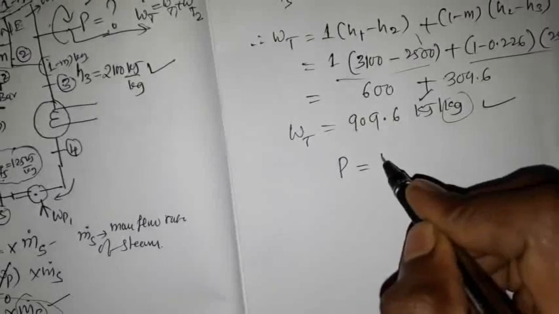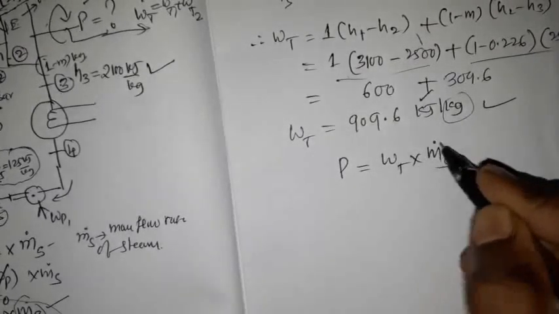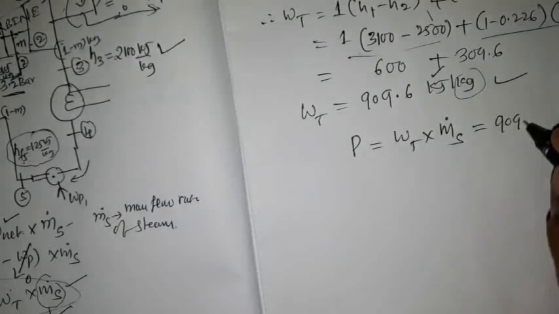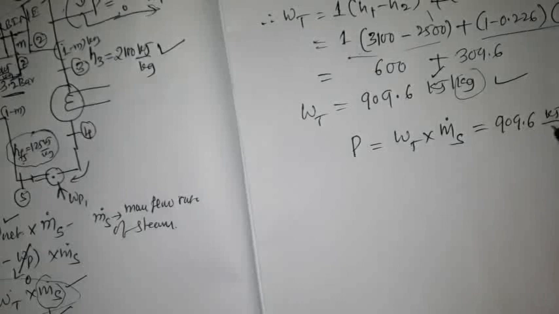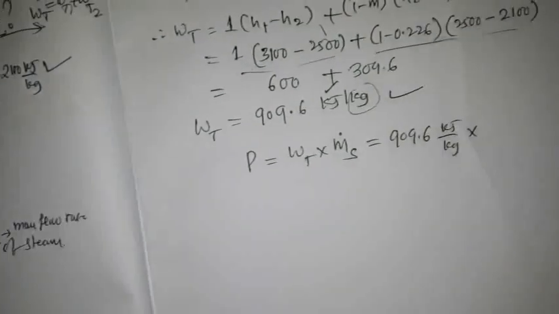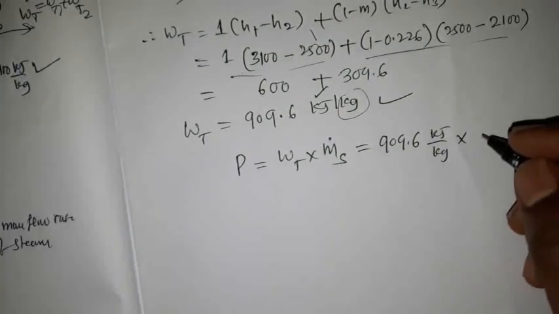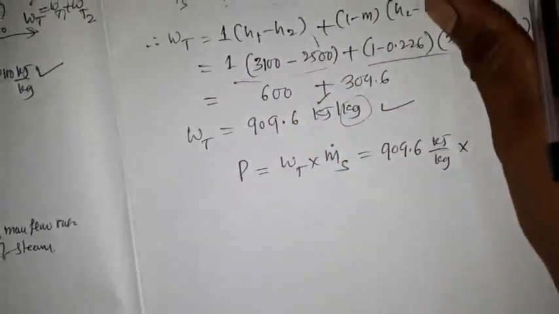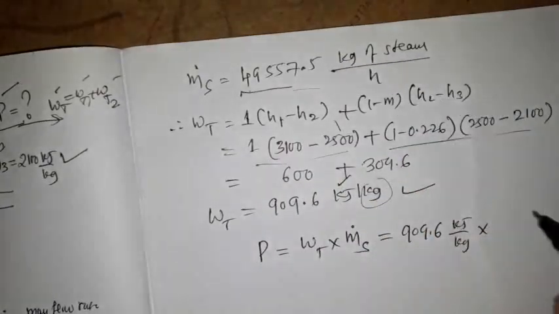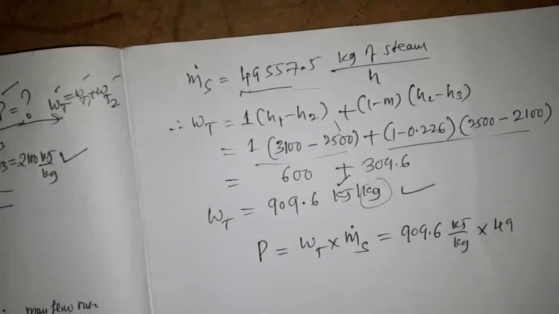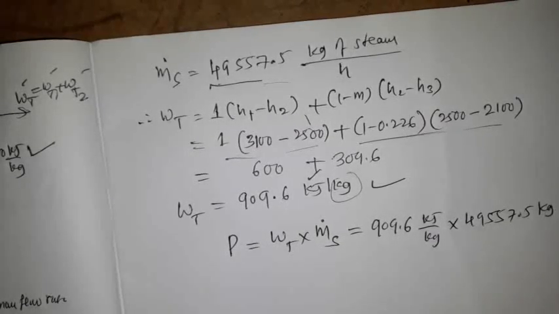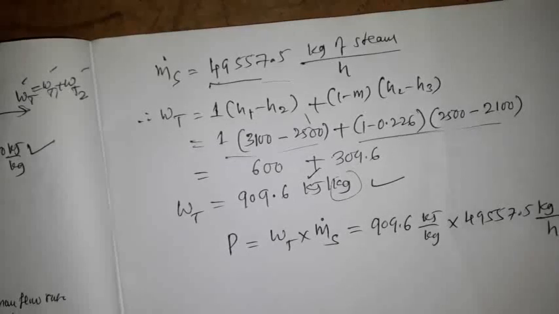Now let us substitute: power is equal to Wt into m dot s. I am writing it once again. Wt is 909.6 kilojoule per kg into m dot s, which we have calculated as 49,557.5 kg per hour.